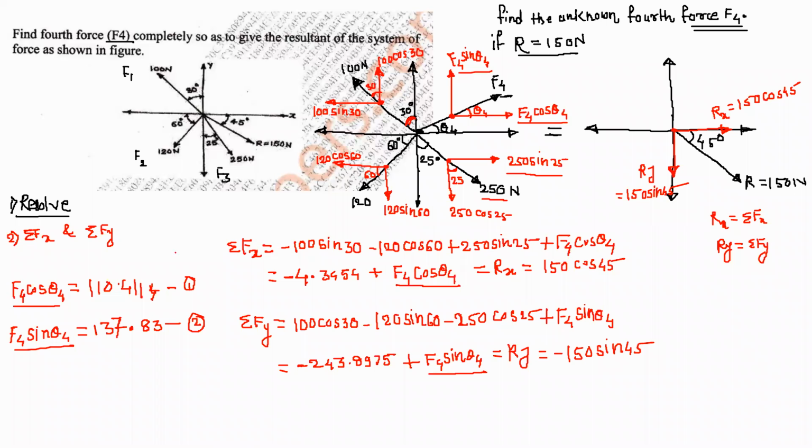So our assumed direction is correct. So we have assumed F4 lies in the first quadrant, and then from the answer it is clear that both the values are positive. So F4 must be in the first quadrant. So is it clear to you up to this step?